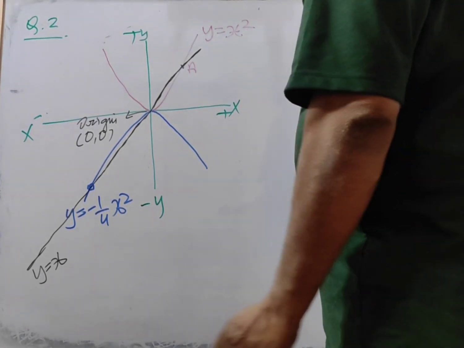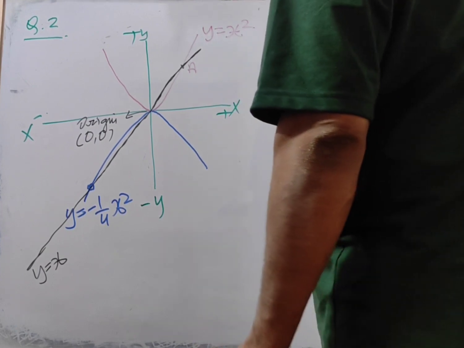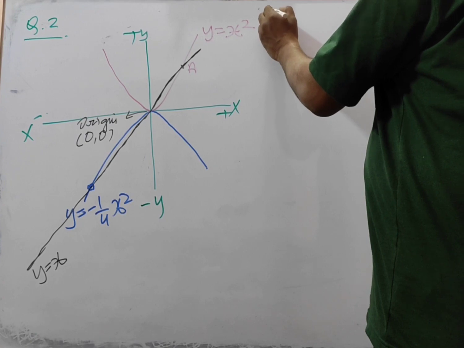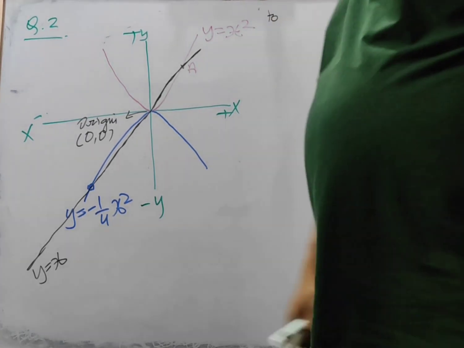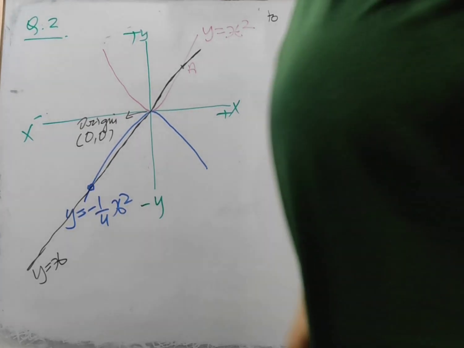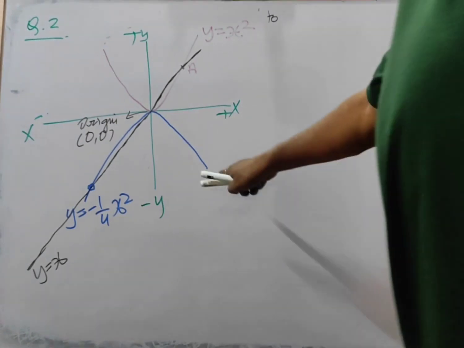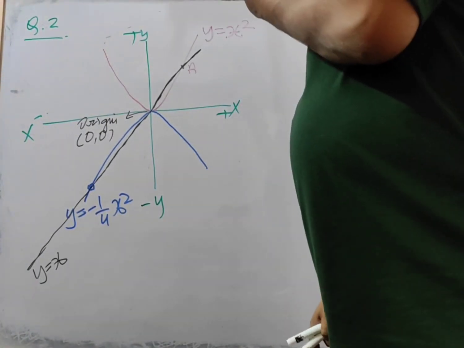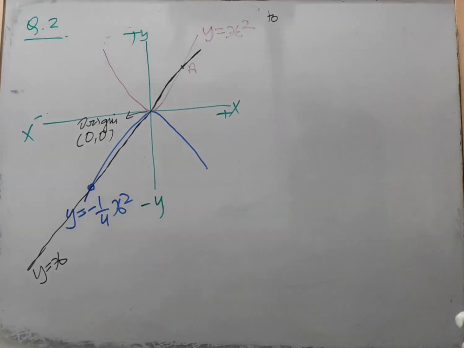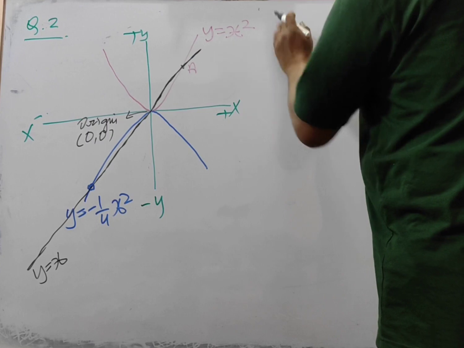The equation of the line segment is y is equal to x, right? So now to get this, this is on the negative side of y. Okay, right.